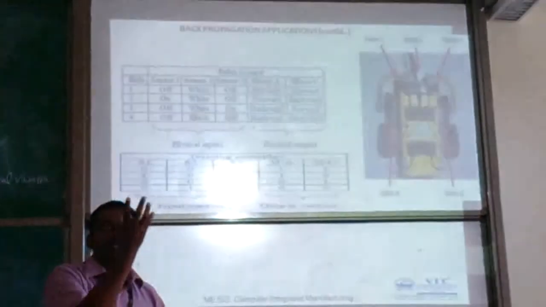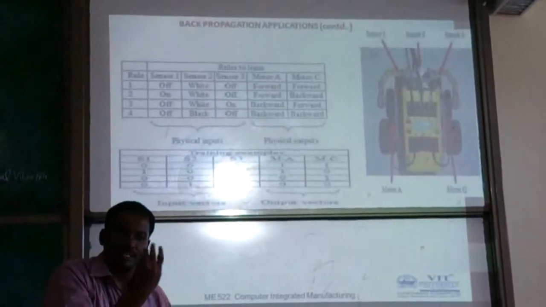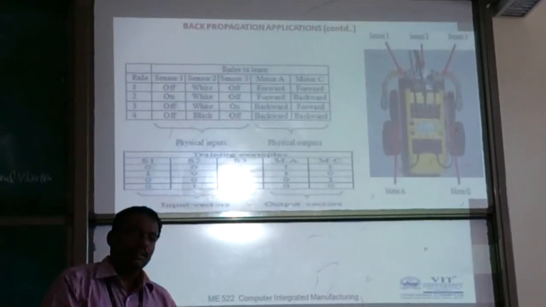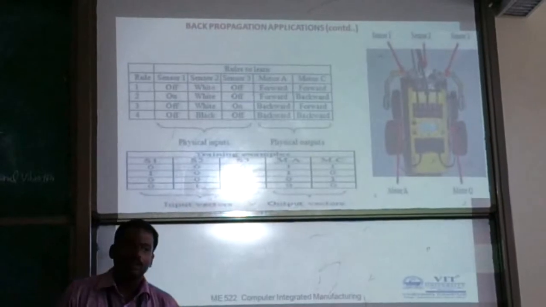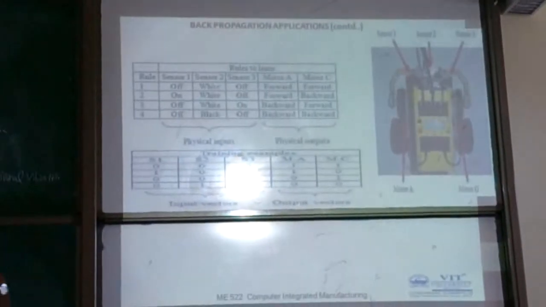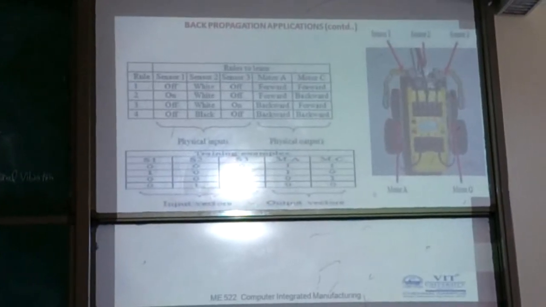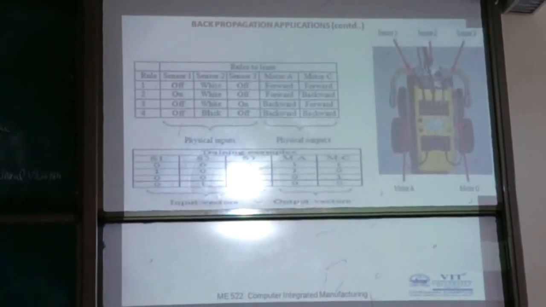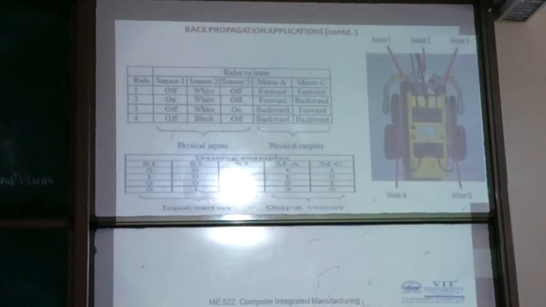What happens? You cannot say whether it's off or on. That's the thing the neural network has to decide. If it's 0.6, for example, you can take a bit.